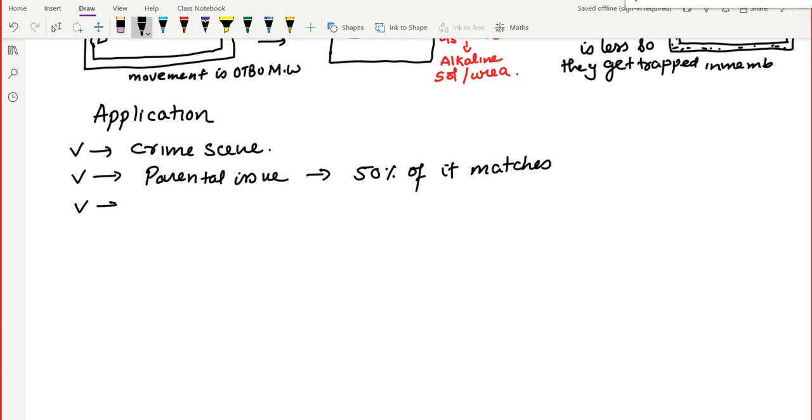And the last case is rape cases. To solve a rape case, we know that sperm cells survive for 24 to 48 hours. If a person makes an allegation against a particular person that he sexually harassed her, what we'll do is extract DNA from the sperm and match it with the accused.